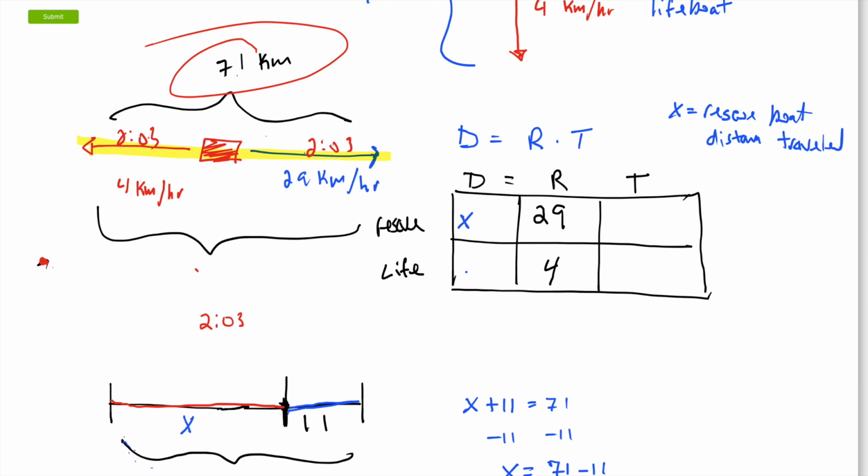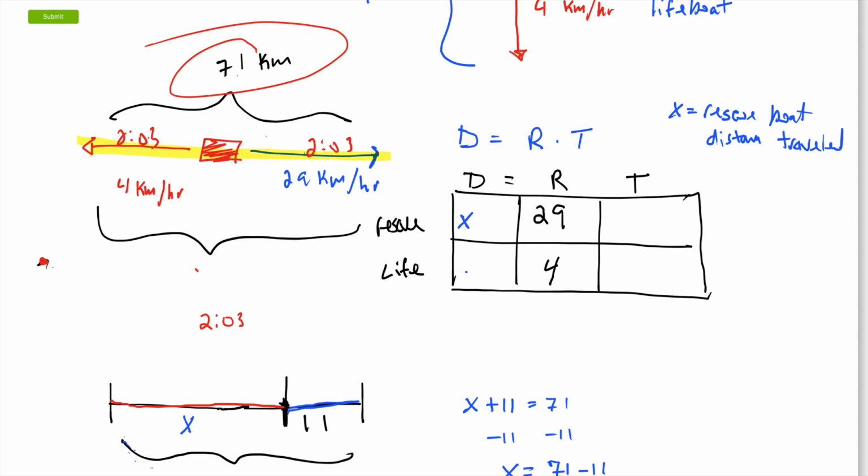The biggest possible minus whatever the rescue boat did. So, do you understand that? It's like the longest possible minus what the other one did equals what the lifeboat does.